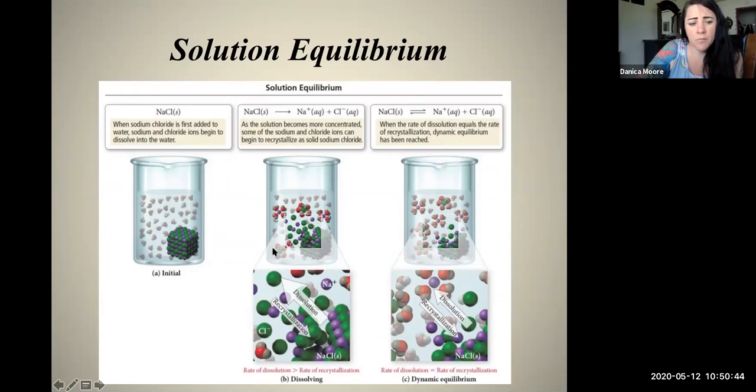What do you know about sodium chloride? Is it soluble or insoluble? Sodium chloride, soluble, insoluble? Soluble, right? Everybody comfortable with that? Why?